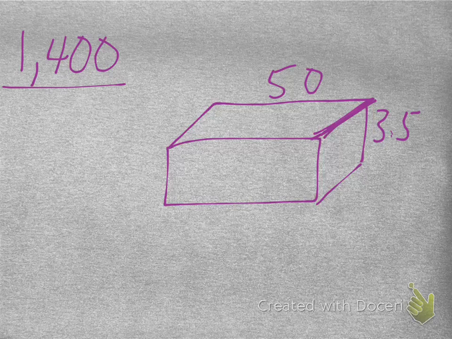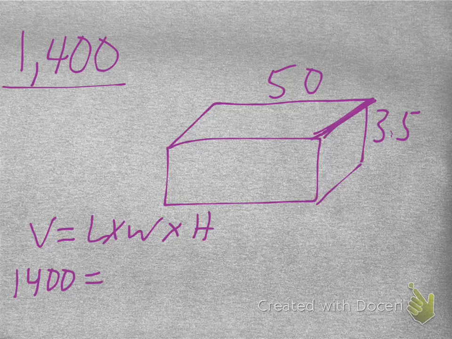So, if volume is equal to the length times the width and then times the height, we know that volume is 1,400. We do not know our width. Our length is 50 and our height is 3.5. Now, I'll go ahead and save us time by saying 50 times 3.5, that's 750.